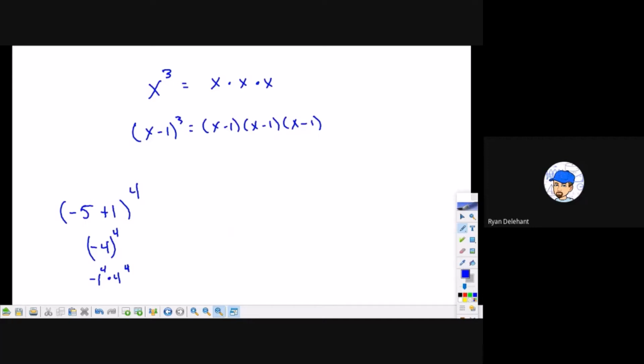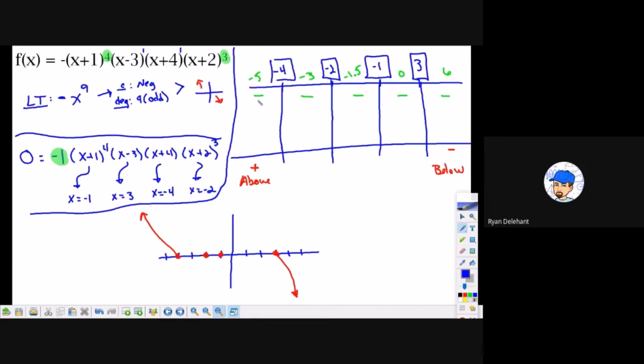Is it positive or is it negative? It's positive because it's -1 times -1 times -1 times -1. That's positive 1. That's positive 1. Positive times a positive is a positive 1. So because of the 4, that makes this thing positive.